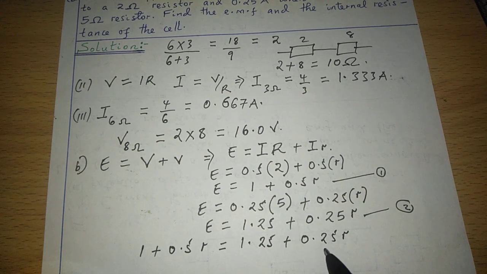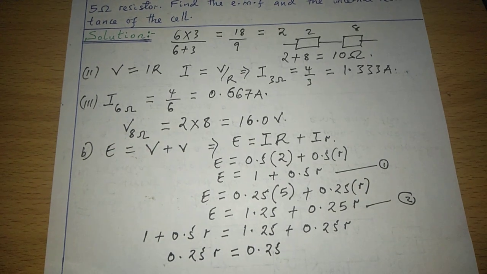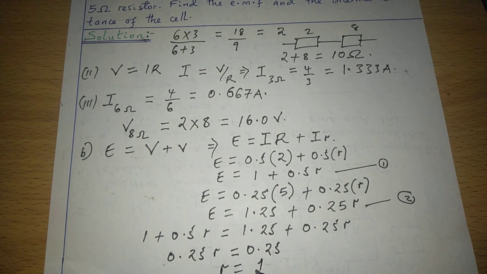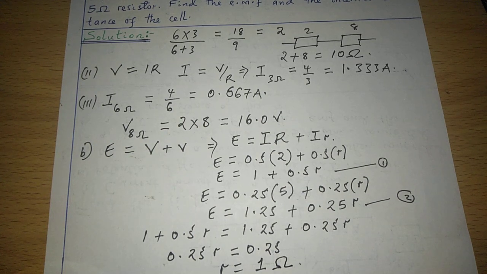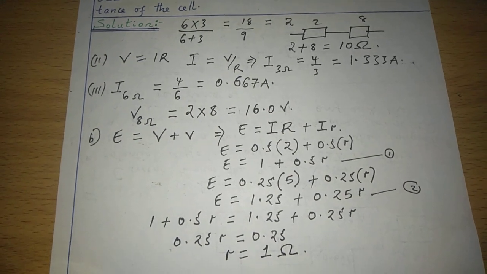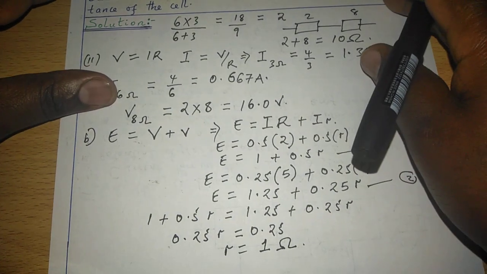So we can subtract 0.25 R on both sides, whereby we remain with 0.25 R equals 1.25 minus 1, which is 0.25, and therefore we get R as 1. Because this is resistance, its unit is ohm. Therefore 1 ohm is the internal resistance.